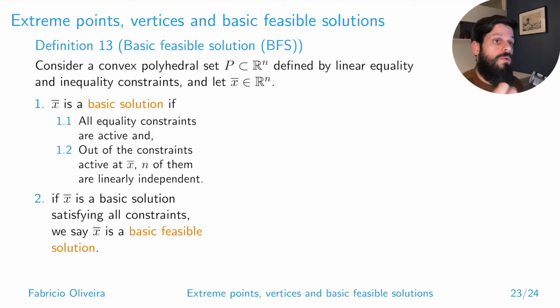Because again, I want to look at these active constraints and think about their normal vectors, and I want to see that those vectors span Rn.